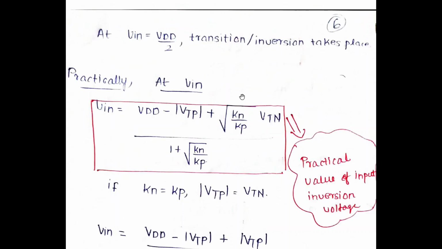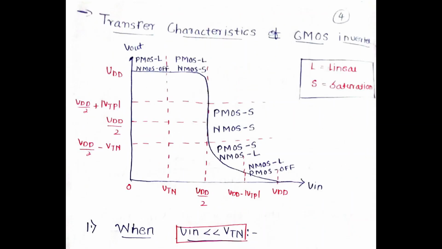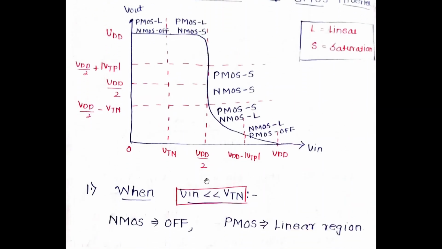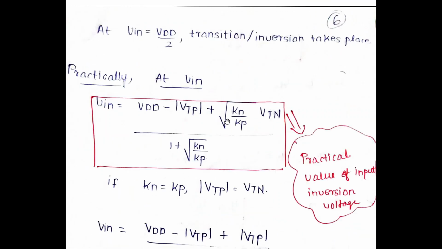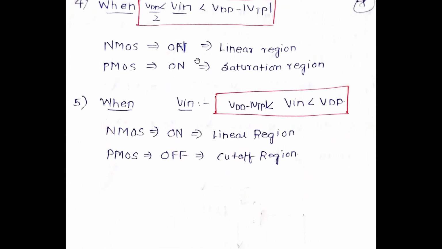Now when my Vin becomes greater than VDD by 2 but smaller than VDD minus mod VTP, my PMOS goes into saturation region and my NMOS remains in linear region.